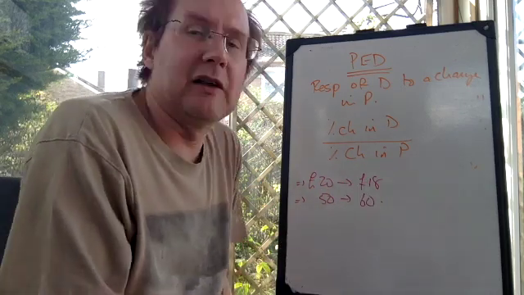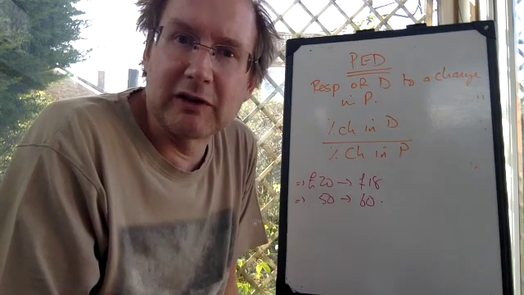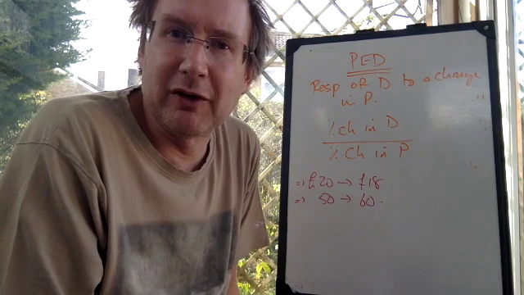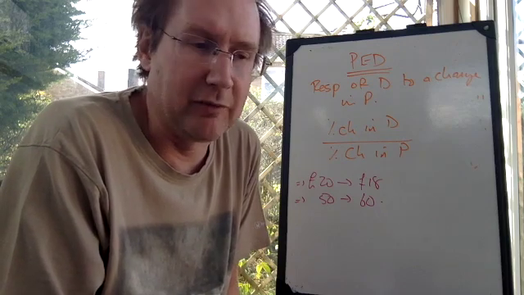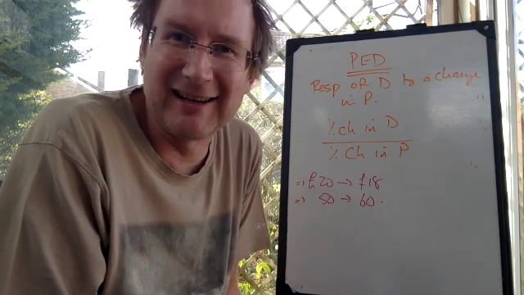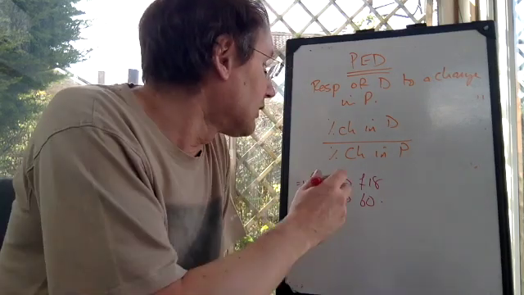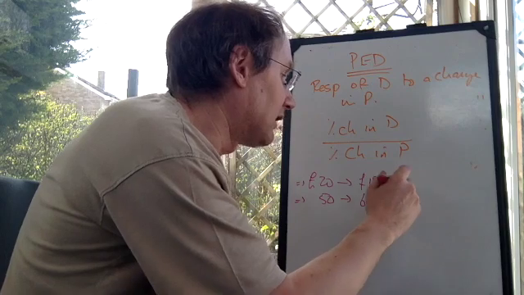The first thing is, it's not the absolute change in price that matters, it's the percentage change. So a £2 change in price means nothing. A £2 change in the price of a download is a very different kettle of fish from a £2 change in the price of a BMW. So we work out the percentage change.